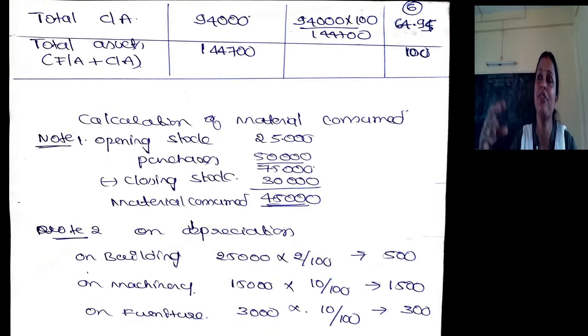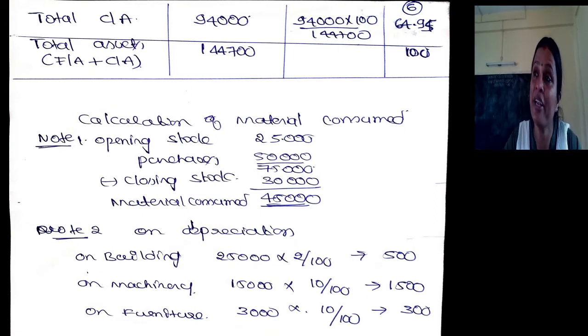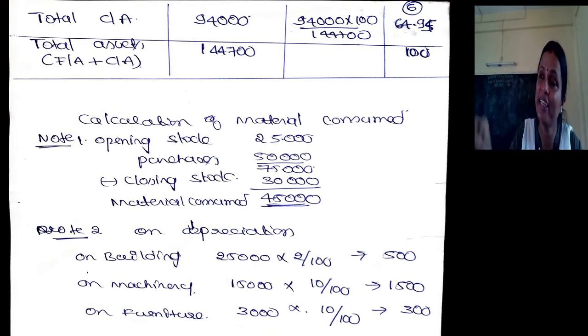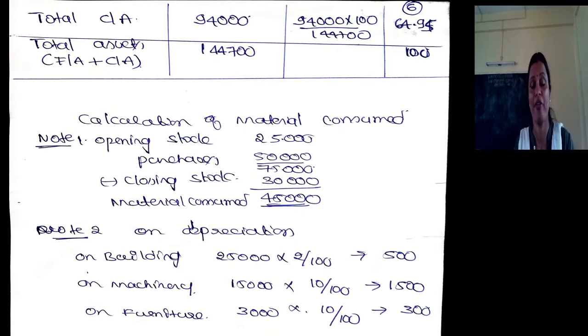Here opening stock is given, closing stock is given in additional information, and purchases is given. If that is the case, we need to deduct material consumed from sales. How to calculate material consumed? Opening stock plus purchases minus closing stock is material consumed, which is 45,000, and should be deducted from sales to arrive at contribution. If there are any other direct expenses like wages or manufacturing expenses, those also need to be deducted. So this is how I arrived at 45,000.